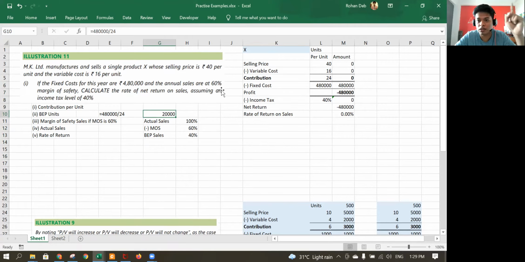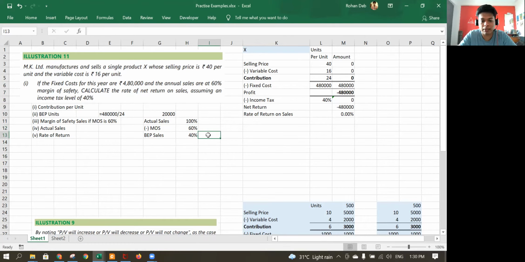Margin of safety is 60% of actual sales, not 60% of break-even point. So in this case, let's assume actual sales was 100%. My margin of safety is 60 and my break-even sales is 40. So break-even sales is 40%, on top of that I have 60%, and total sales is 100%.